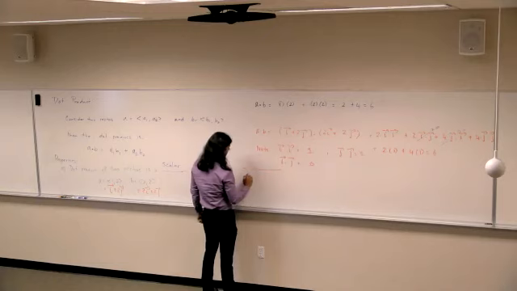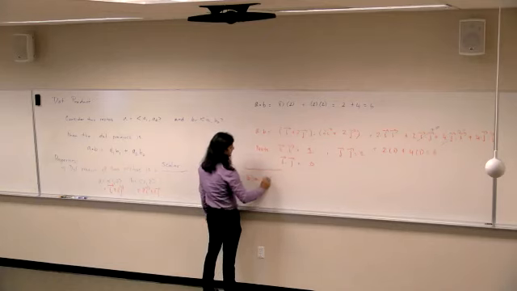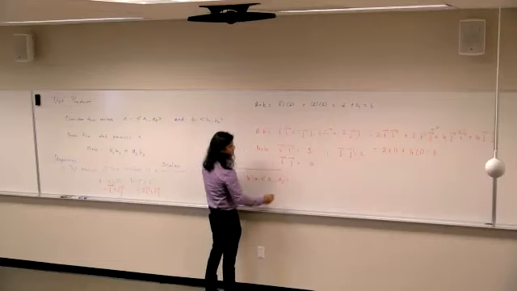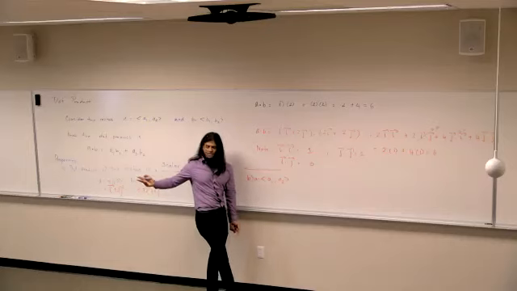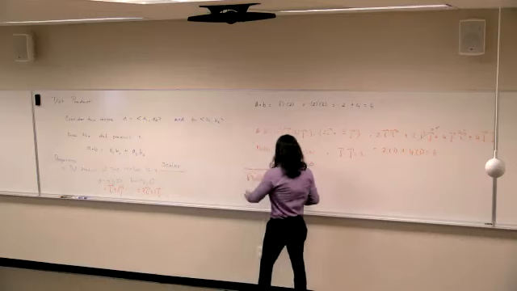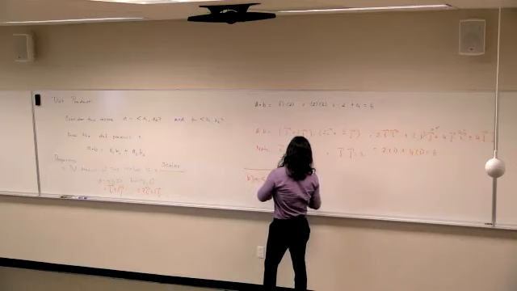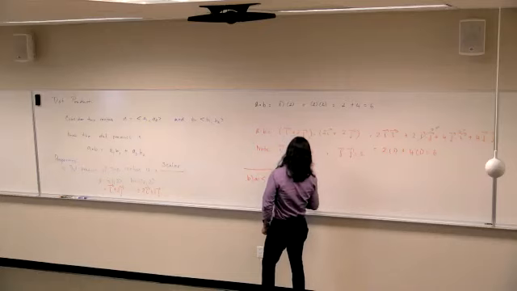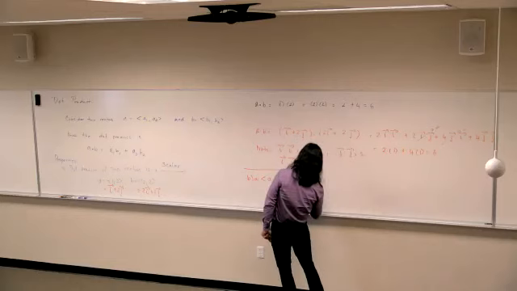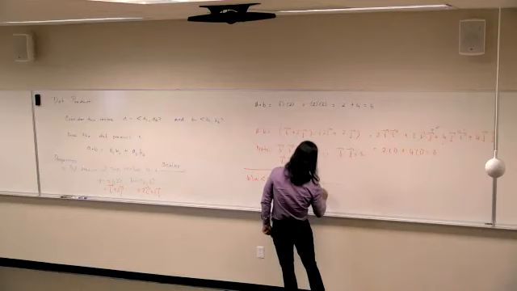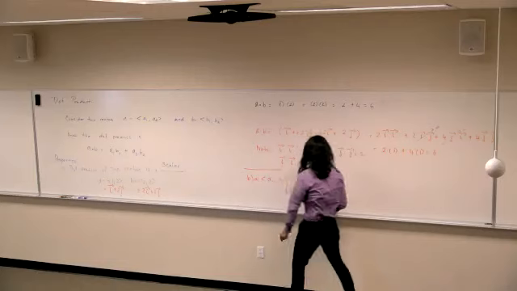Property number 2. If you have A1, A2, I'm doing only 2 dimensions because if you understand it here, you can extend it to higher dimensions. The magnitude of vector A, we know, is the square root of A1 squared plus A2 squared.